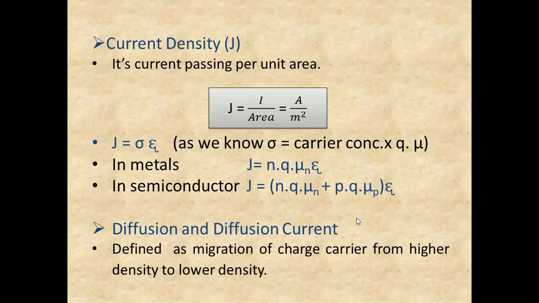Okay, next important topic is diffusion and diffusion current. What is that? Diffusion is a natural property. Diffusion is defined as the migration of charge carriers moving from higher density to lower density, or you can say movement from higher concentration to lower concentration.